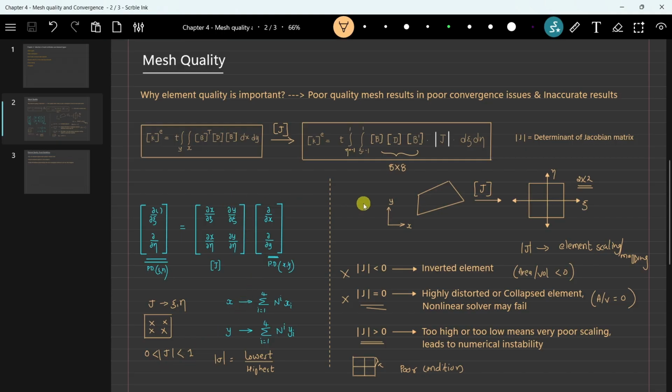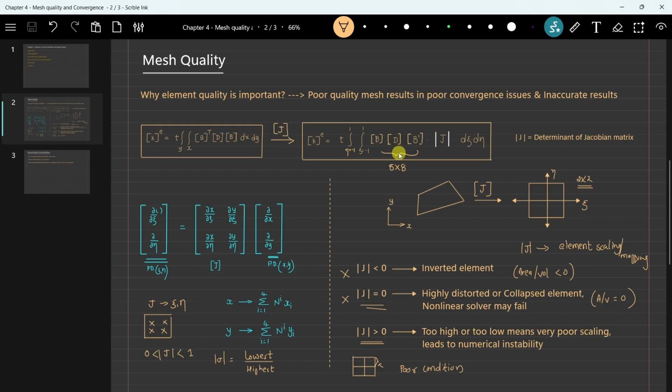And so now we can easily understand why element quality is important. We have tried to understand it with a mathematical explanation, because it is used in the computation of the element stiffness matrix. And this element stiffness matrix gets updated in each iteration in the nonlinear solver.